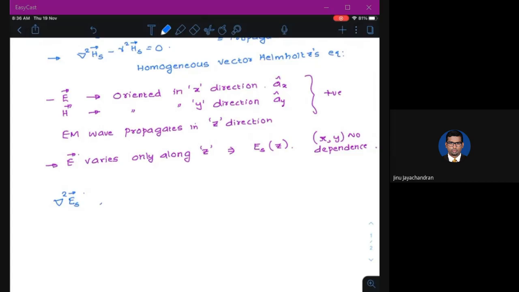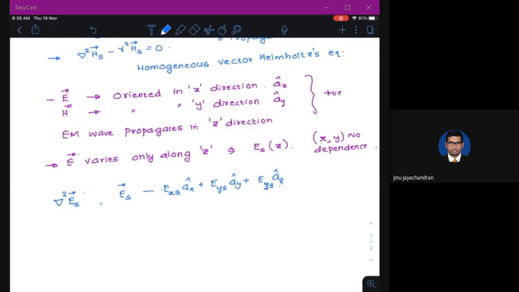Now Es is a vector, a phasor, and it can be written as Exs ax cap plus Eys ay cap plus Ezs az cap, where Exs, Eys, Ezs are the components of the phasor notation of the electric field along X, Y, and Z directions respectively.